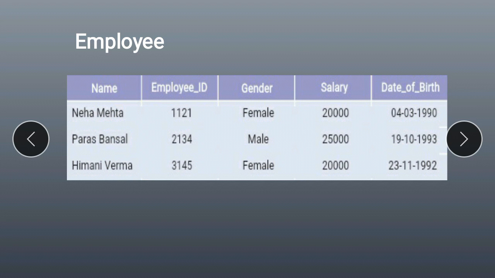So the relational data model consists of rows, columns, and many other things which I will be discussing with you. First is row. A row is a tuple. Here there are 3 rows, and we call each one a tuple. Then there are columns: name and the others.